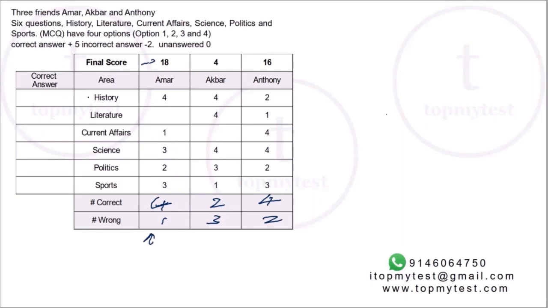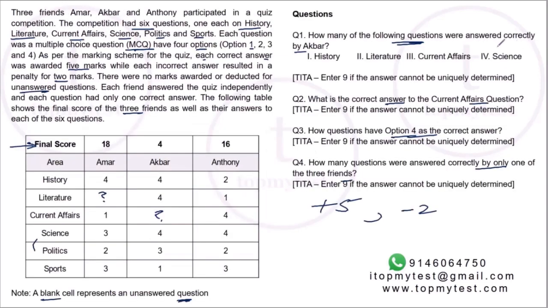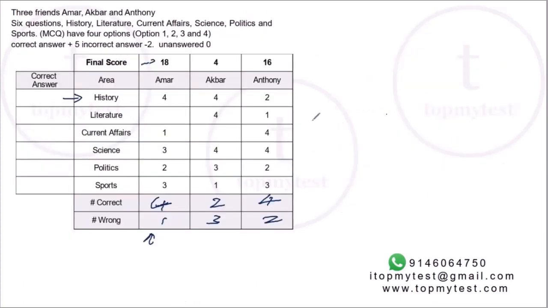One way to do it is trial and error: check if history is wrong and see what the case is, then current affairs, science, politics, sports. That's a brute force method, and we would have to go through the entire thing because there might be a 'cannot be determined' sort of answer. We just need to check that we are not missing that case.